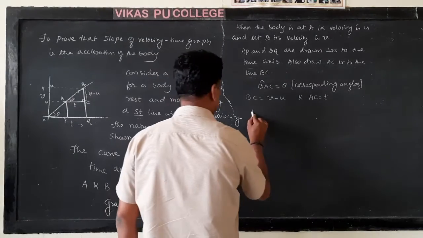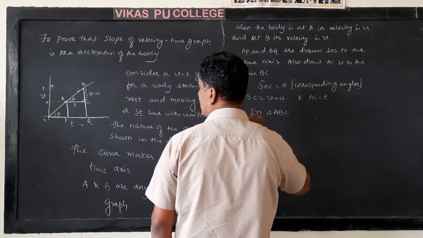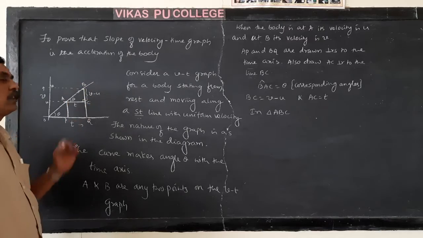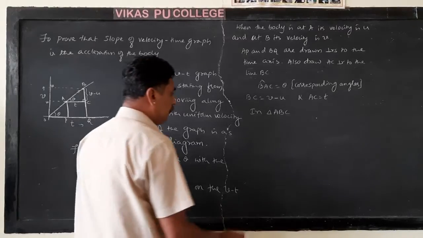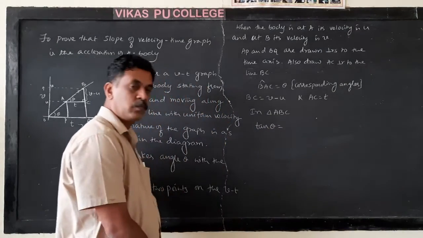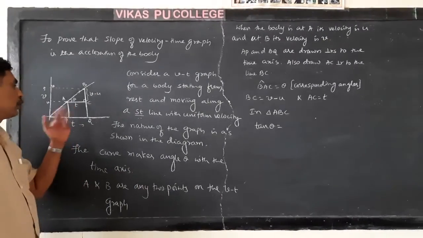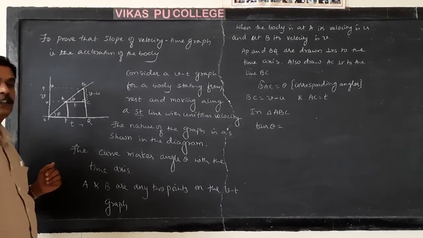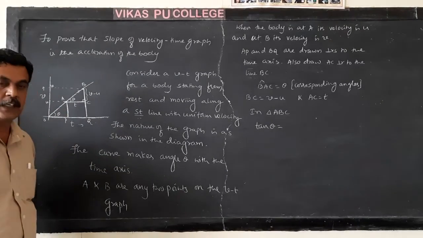Now you have a triangle ABC. ABC is definitely a right angle triangle. So I will define tan theta in that triangle. Theta is the angle here at vertex A. We all know the definition of tan theta says that it is the ratio of the side opposite to angle theta and the side adjacent to angle theta.